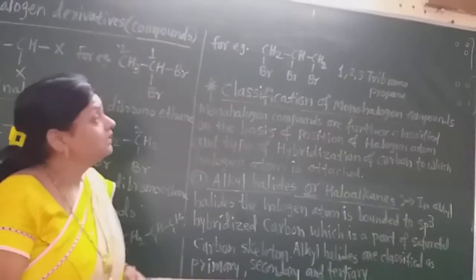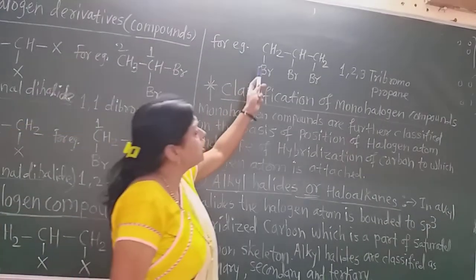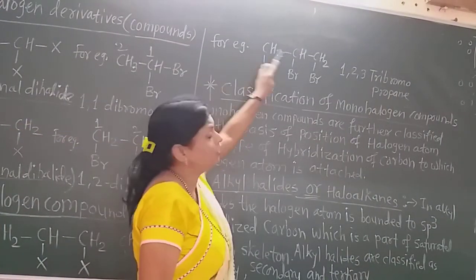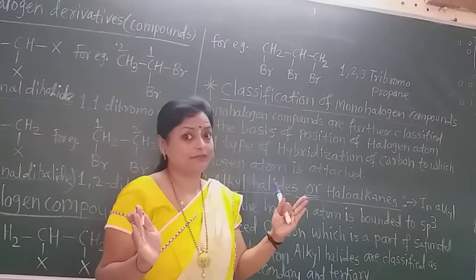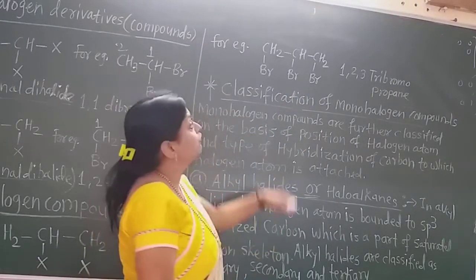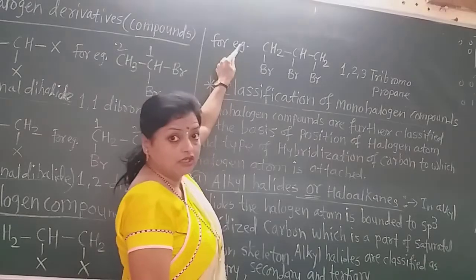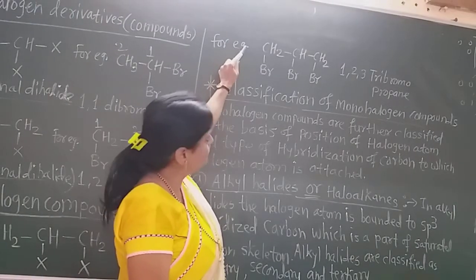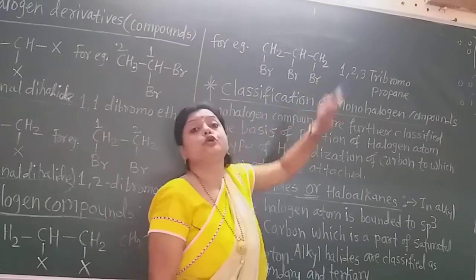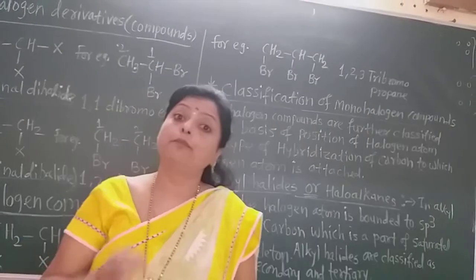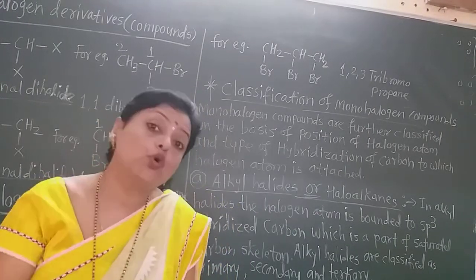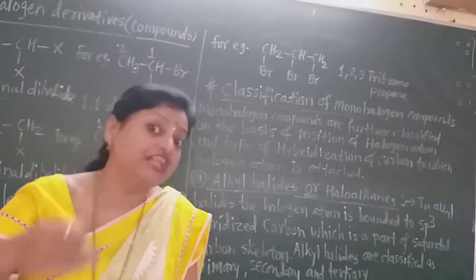Now see here. Here also the numbering is given from this side or this side because both sides are similar. Suppose there is again a CH3 group here, then we must number from this carbon, because always give the numbering from the carbon to which the halogen is attached nearer.